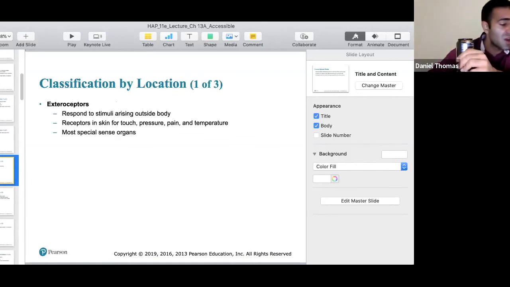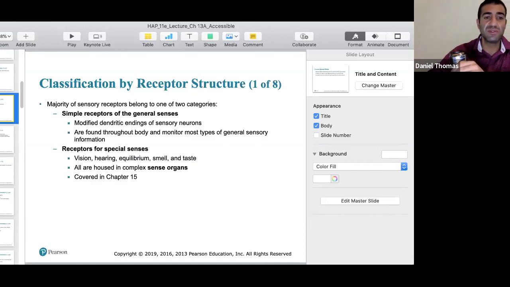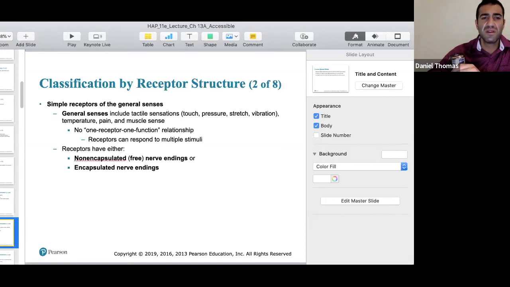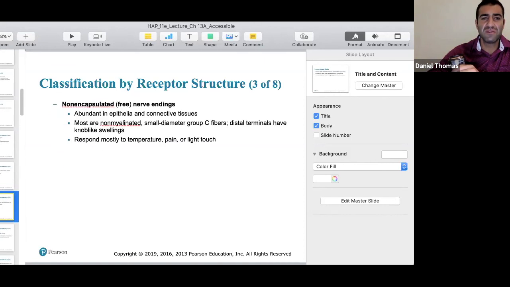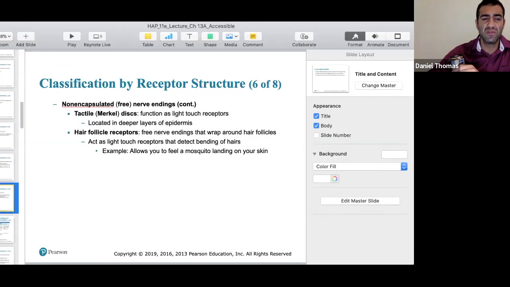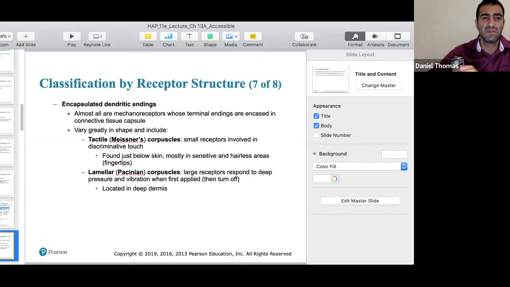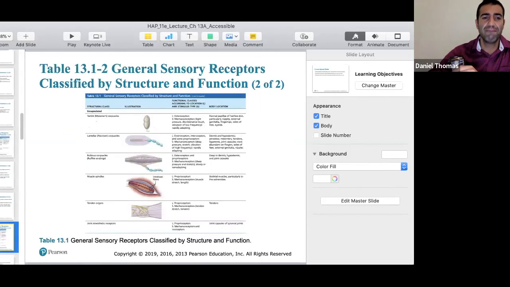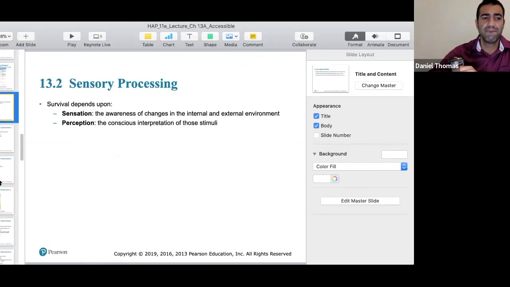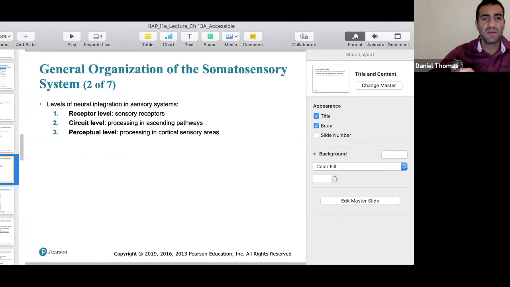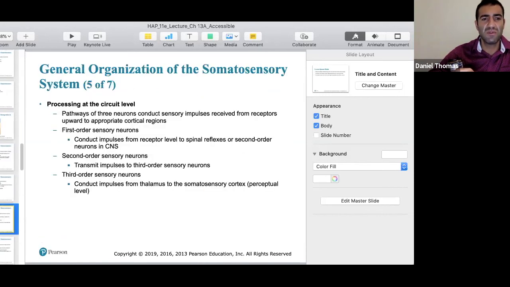Okay, now moving on, we're going to talk about major features of sensory reception. Let's find it here. Major features. Okay, give me 1 second.